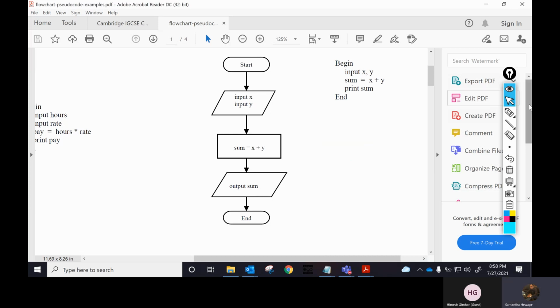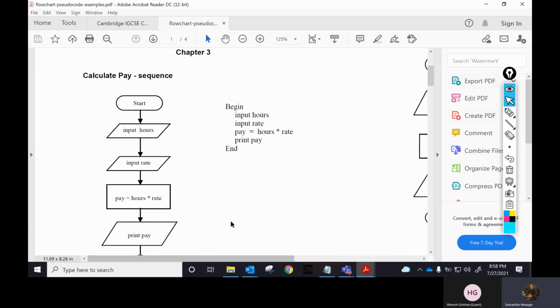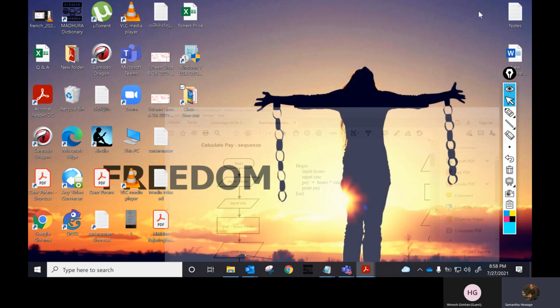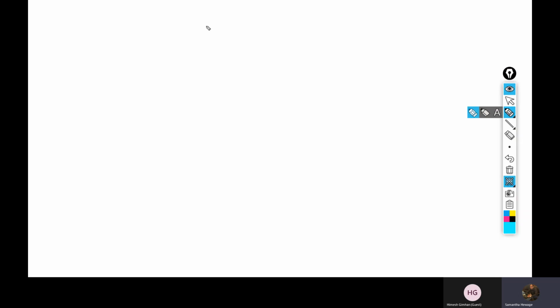All right. So I will give another example. You have to write a pseudocode and flowchart to calculate payment.